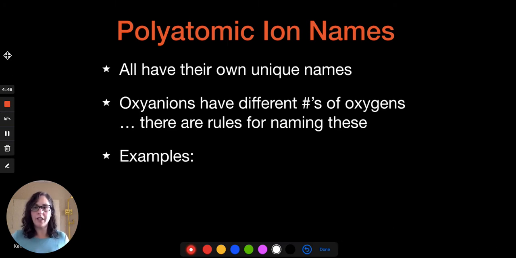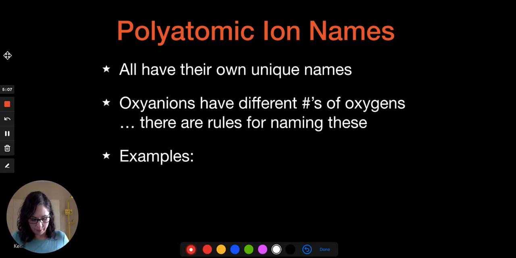They actually each have their own unique name, and there are some rules for the oxyanions. Those are the polyatomic ions that are the same except they have different numbers of oxygens. There are some rules for these. I don't go over them in class. You have the chart to refer to. Make sure you're pulling the correct one.